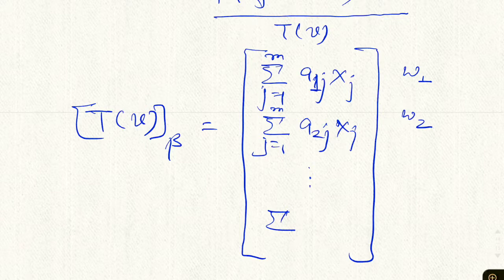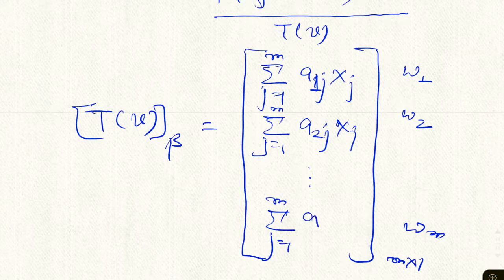The last entry belongs to wm, so this will be a vector whose dimension will be m cross 1 actually, and the last entry will be amj xj.